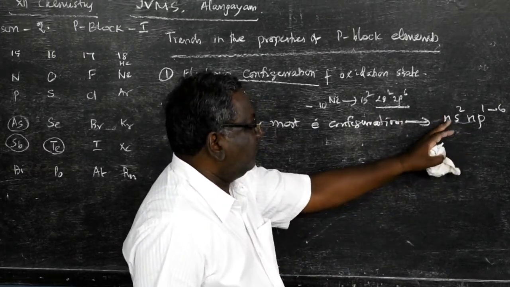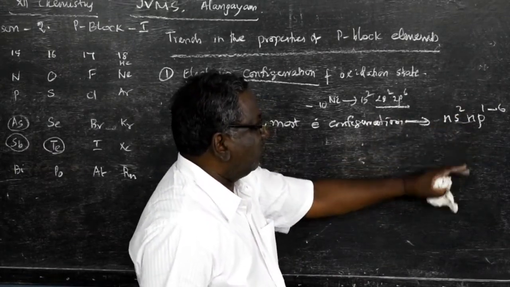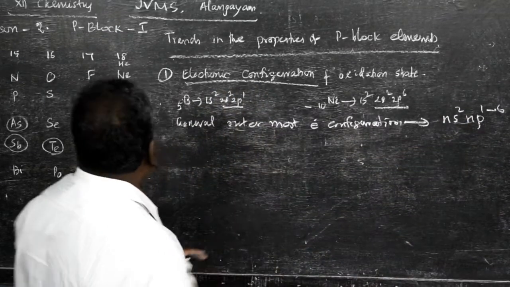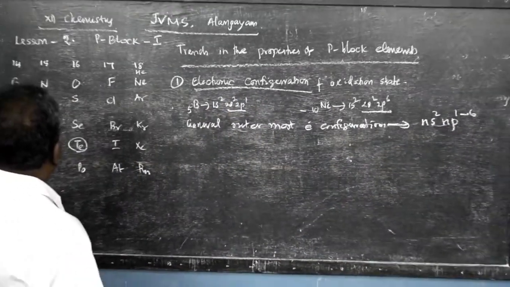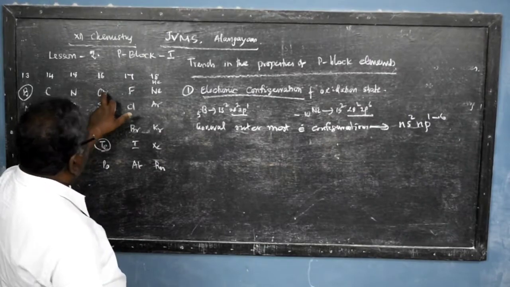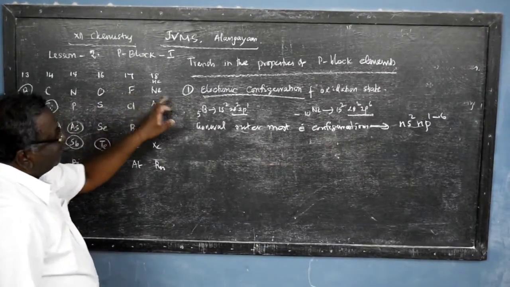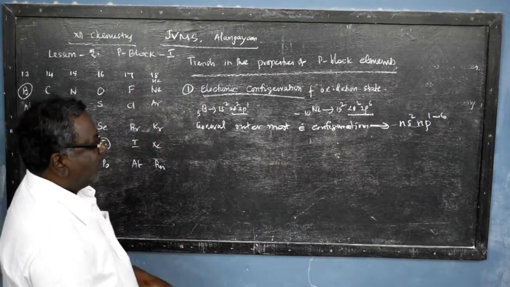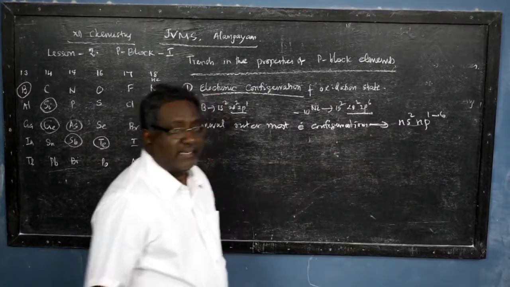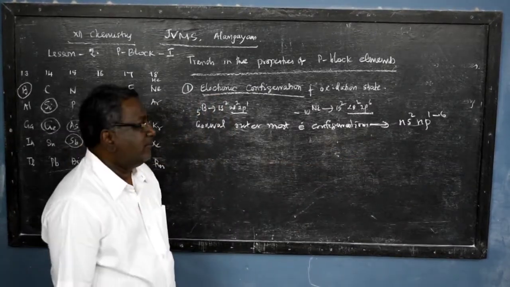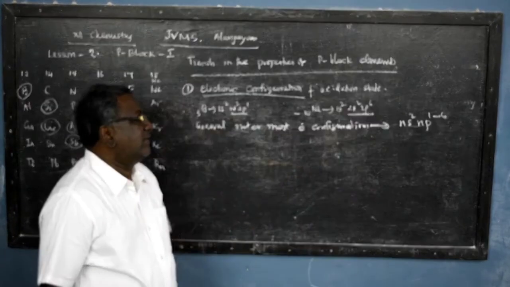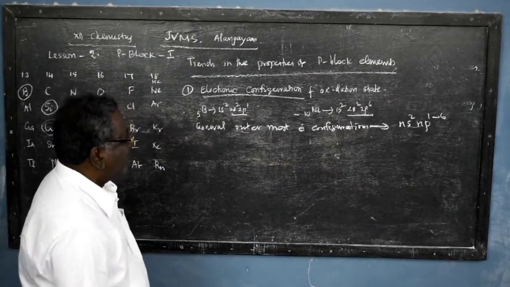So ns will always have 2 electrons, np will get 1 electron in this, 2 electrons here, 3 electrons here, 4 here, 5 here, 6 here. So for a one marker they will ask, what is the general outermost electronic configuration of p block elements? Then you have to write ns2 np1 to 6.